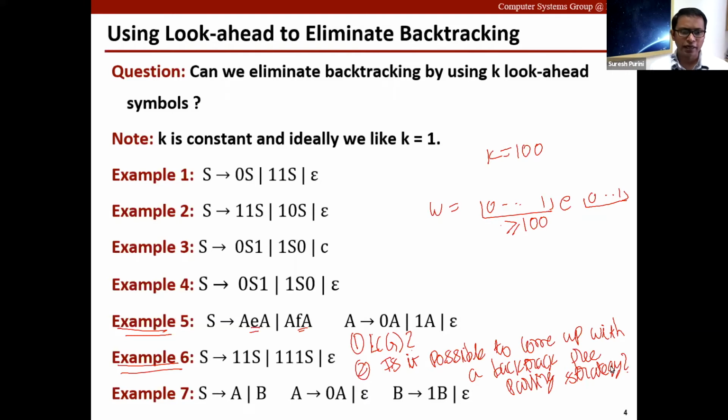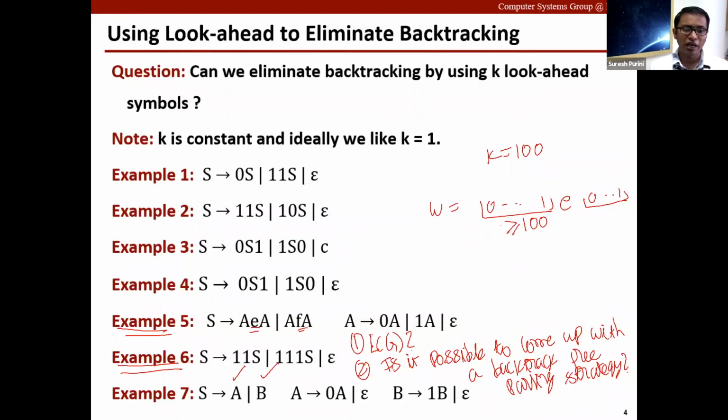And now let's look at example 7. If the current input symbol is A, then we can use the substitution rule 1, and if the current input symbol is 1, then we can use the substitution rule 2. But one thing we have to appreciate here is, just by looking at the substitution rules associated with the symbol S, we will not be able to say whether we should be using the substitution rule 1 or 2.